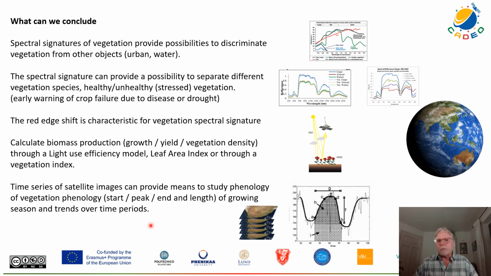And this is what you will do in the practical assignment here. You will be using a 19-year time series to evaluate the vegetation trends and see if cultivated areas, for instance, are increasing their yield, or if there are some problems with degradation in these areas?